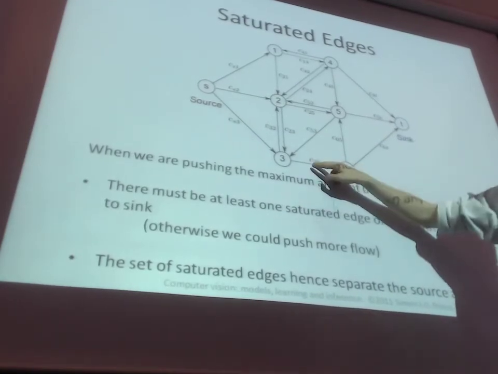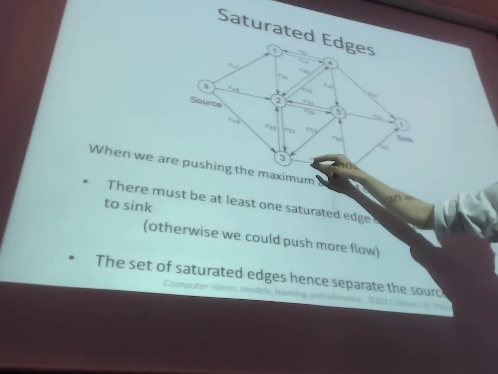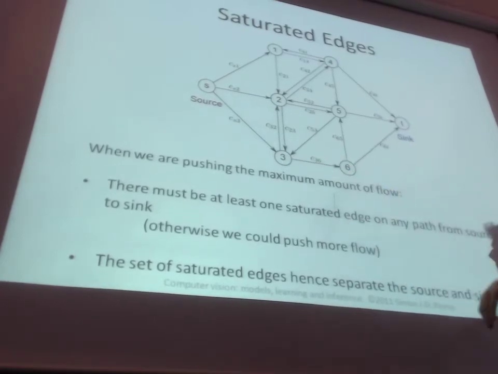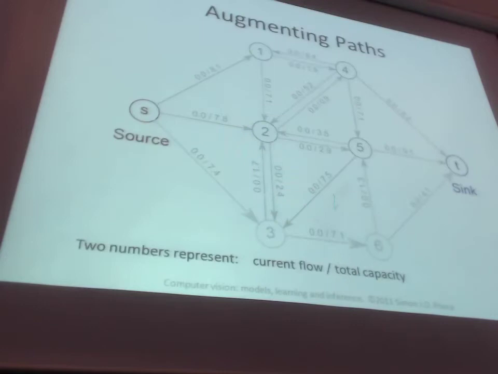If the capacity isn't maximized, so there's still spare capacity, then you could push more flow, and that's not a saturated edge yet. Okay, so we'll see an example of this now.